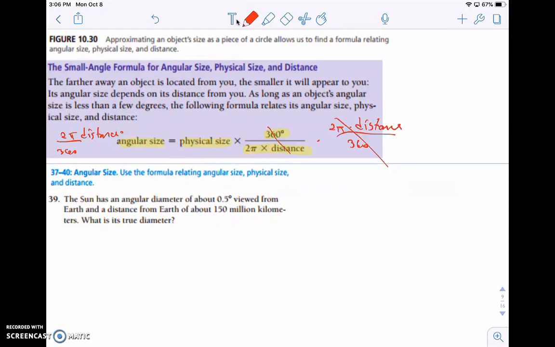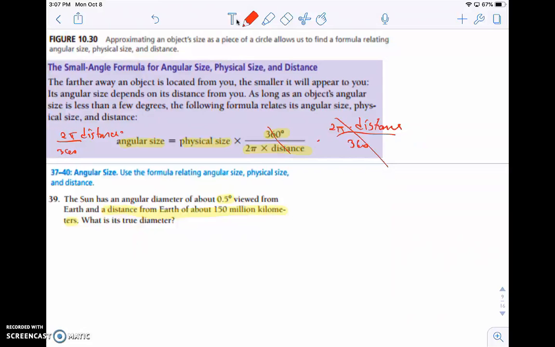In this example, number 39, the sun has an angular diameter of about 0.5 degrees viewed from the Earth, and the distance from the Earth is about 150 million kilometers. What's the true diameter of the sun?